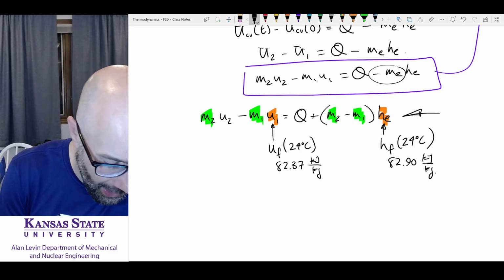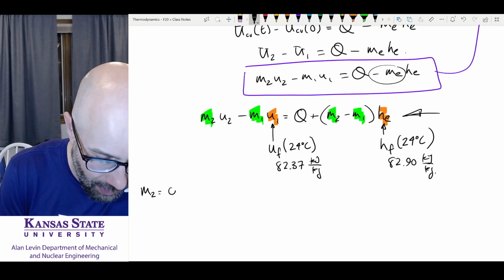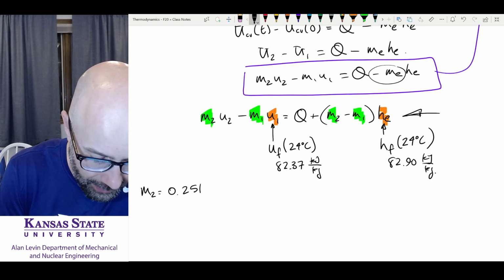Now, how do I find that? Well, I know my mass at 2 is equal to 0.25 kilograms.